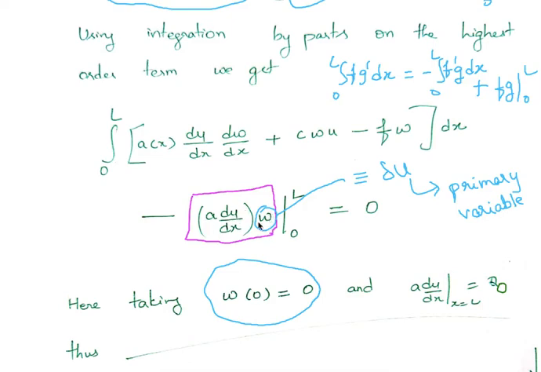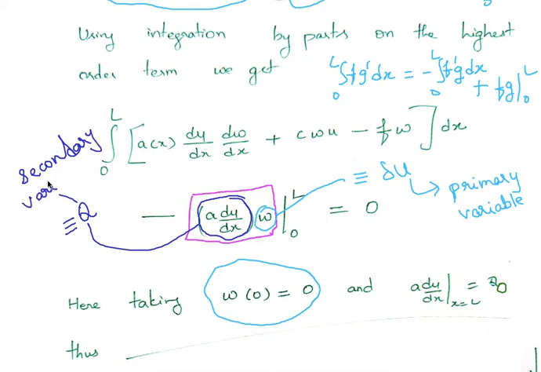Whatever is multiplying the term involving w will be the secondary variable. Here a into du by dx, which is defined as q, is the secondary variable.